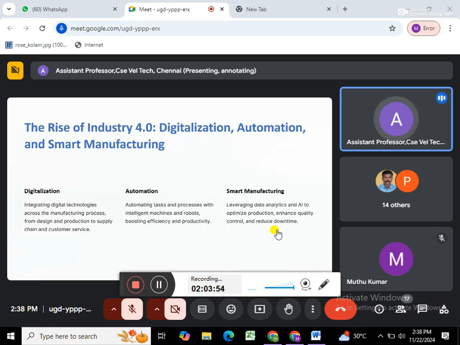There is a huge growth in digitalization. The automation industry saw excellent growth during this period, and smart manufacturing is getting more popular nowadays with the rise of 4.0. Obviously we know this, right? Digitalization means integrating digital technology across the manufacturing process, from design and production to supply chain.